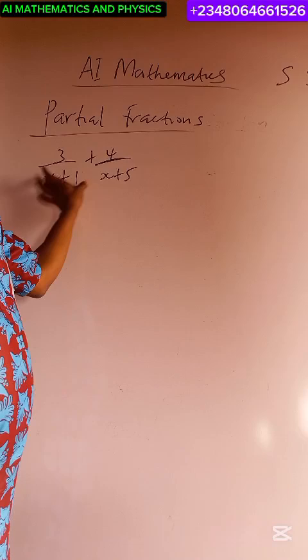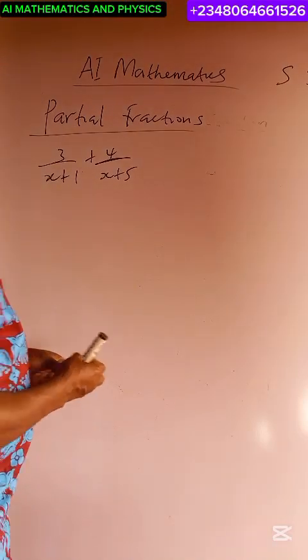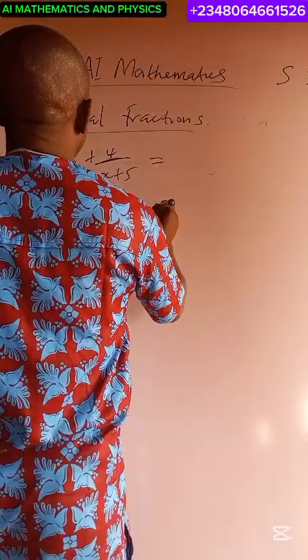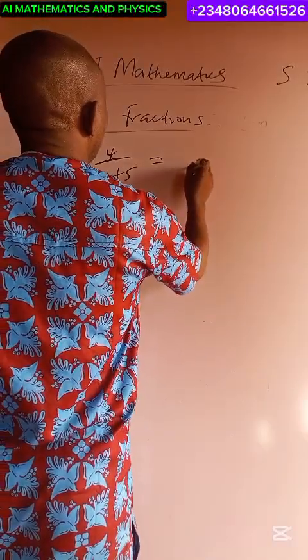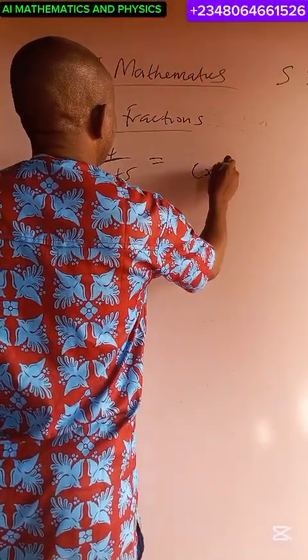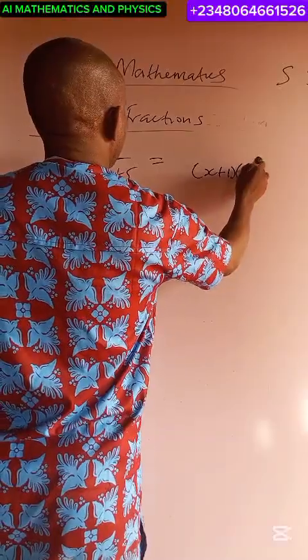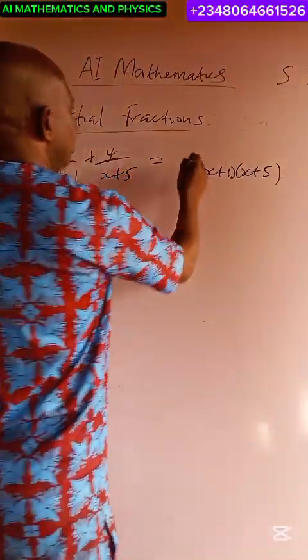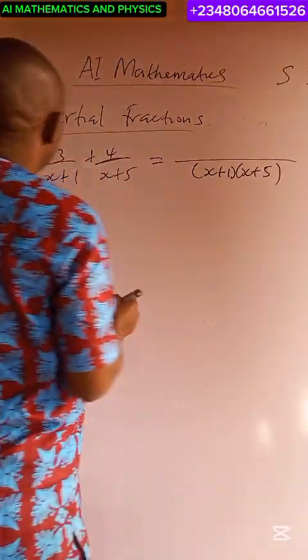What you have here, multiply the two. It will be your LCM. That will give us x plus 1, x plus 5. That's our LCM.